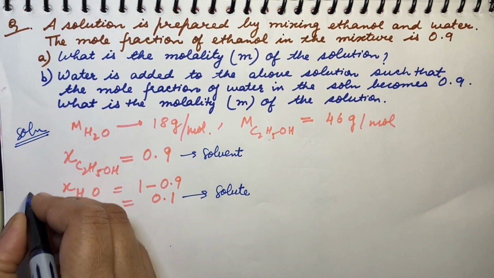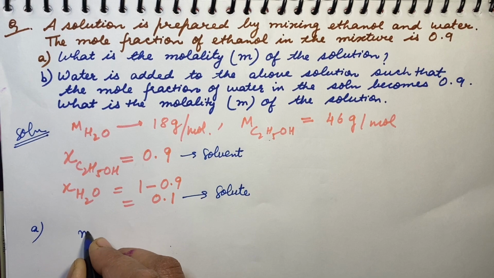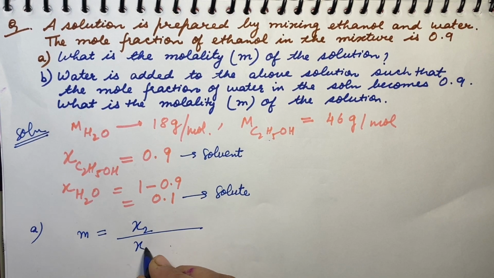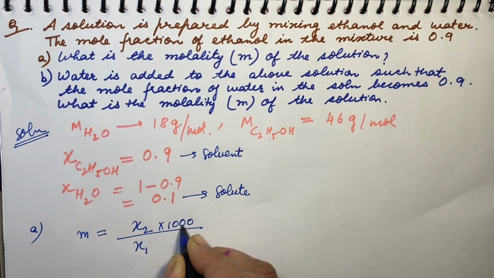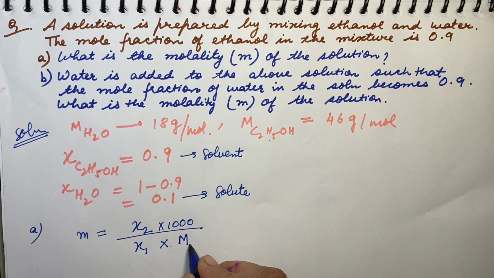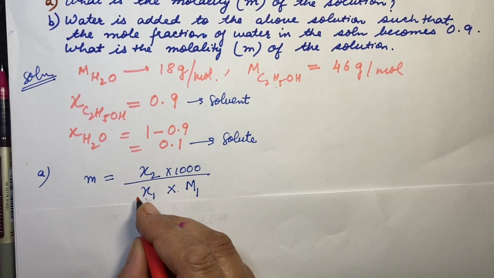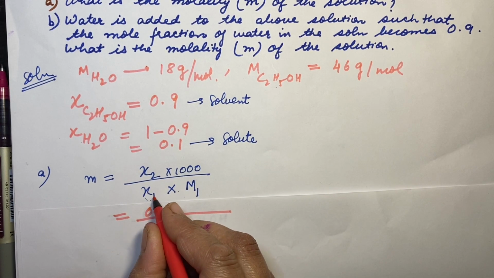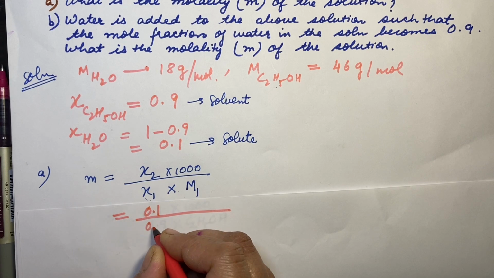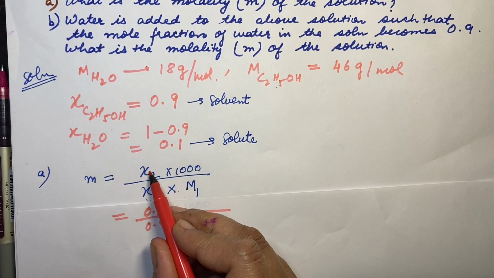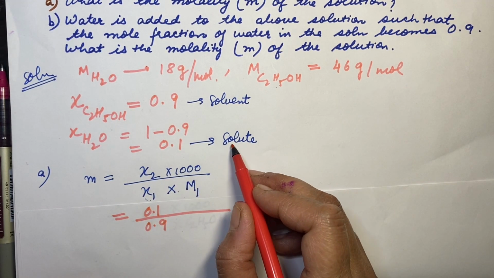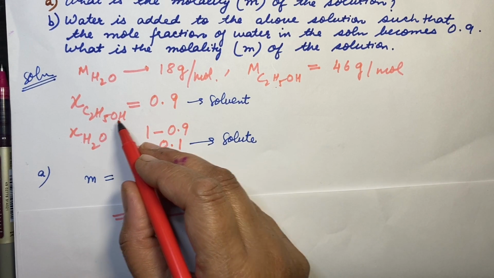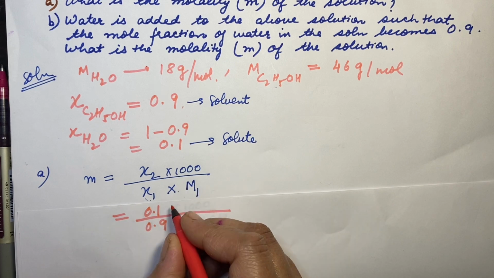So the molality is equal to the mole fraction x2 upon x1 multiplied by 1000 divided by the molar mass of the solvent. So x2 is the mole fraction 0.1 divided by x1, which is 0.9. क्यों लिखा बेटा? क्योंकि x2 जो है वो वाटर है, कम है, तो उसका मोल फ्रैक्शन 0.1 है और इथेनॉल का मोल फ्रैक्शन 0.9 है, तो वो लिख दिया.